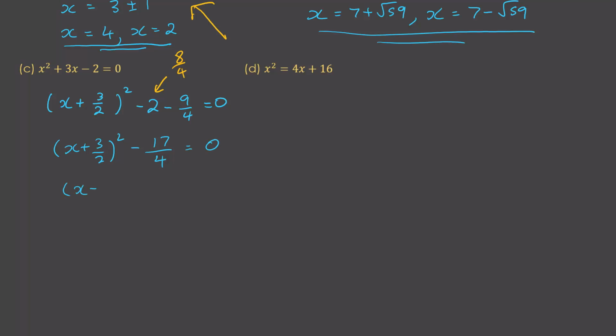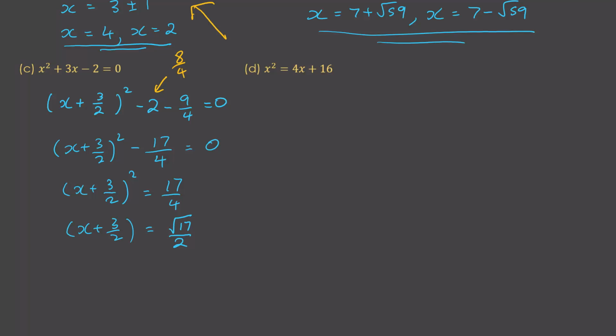So I'm going to get x plus 3 over 2 squared is 17 over 4. And now I'm going to square root. X plus 3 over 2, I don't really need the brackets now, is equal to the square root of 17 over the square root of 4. So that's root 17 over 2.